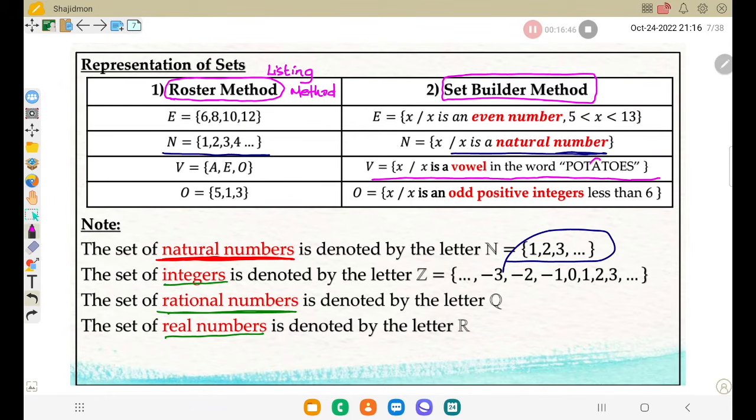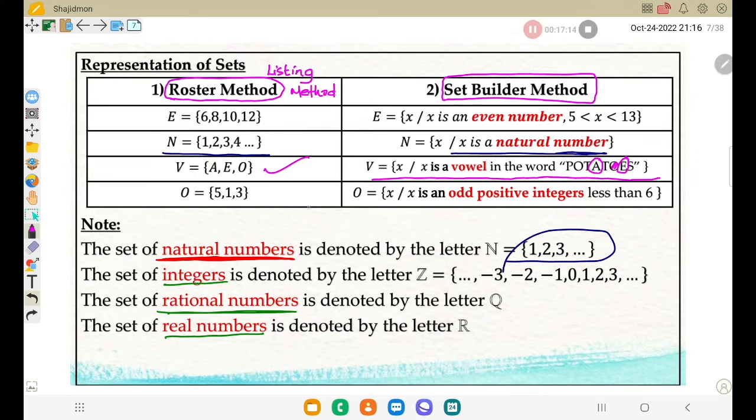So here A is there, O is there, and E is there. So the vowels coming are A, E and O. Each letter we can write only one time. O is coming 2 times, but write only one time. So that is the listing method or roster method representing the set builder form.